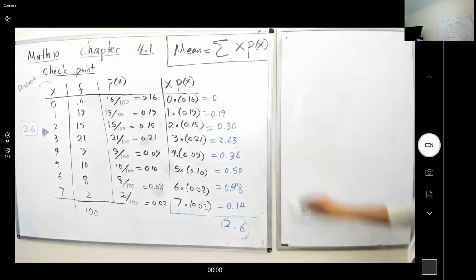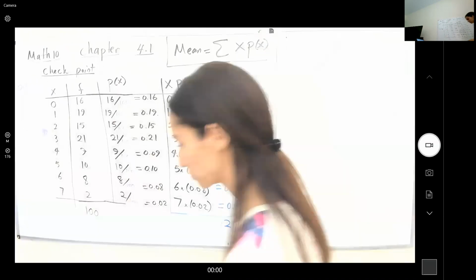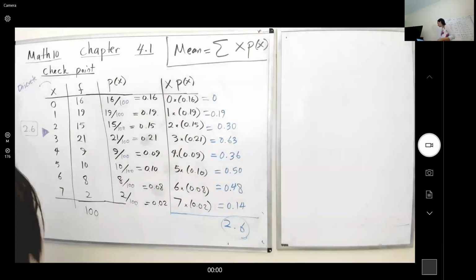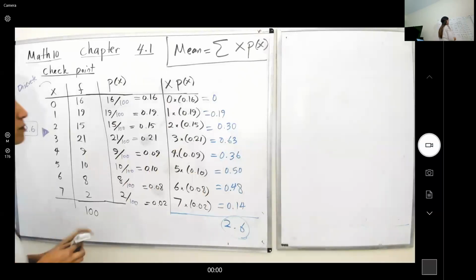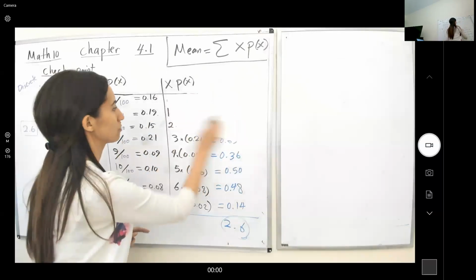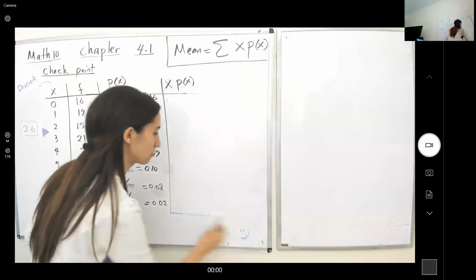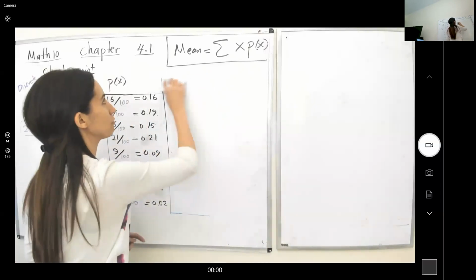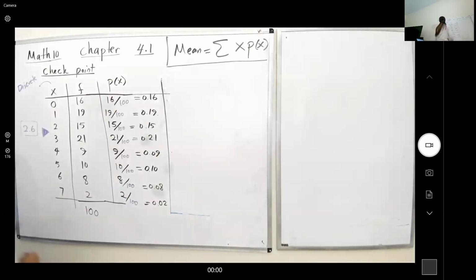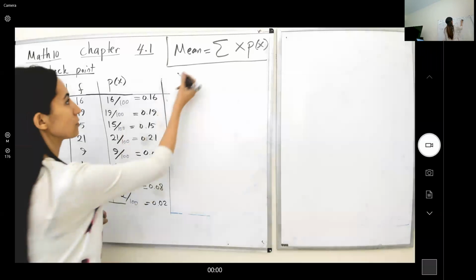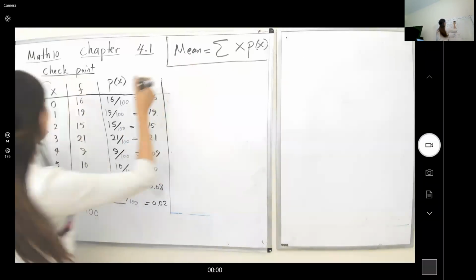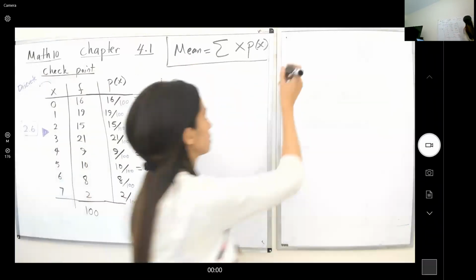After finding the mean, we're going to use the mean. Our mean is equal to 2.6.